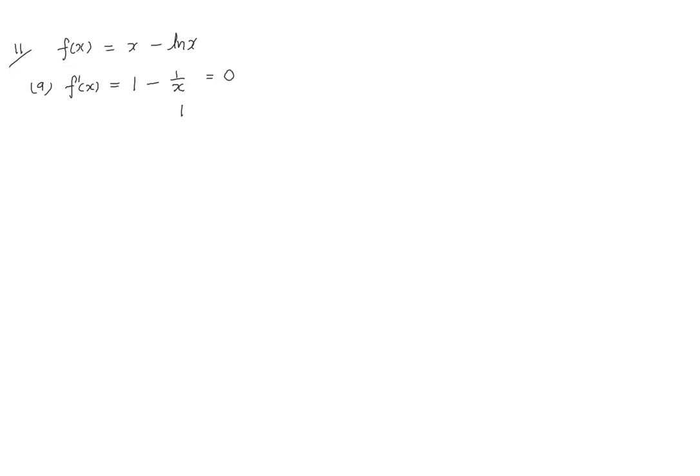So 1 equal to 1 over x, so x equal to 1. When x equals 1, y is equal to f(1), which is 1 minus ln 1, which is 1 minus 0 equal to 1. So for f'(x), I'm going to draw the sign diagram.